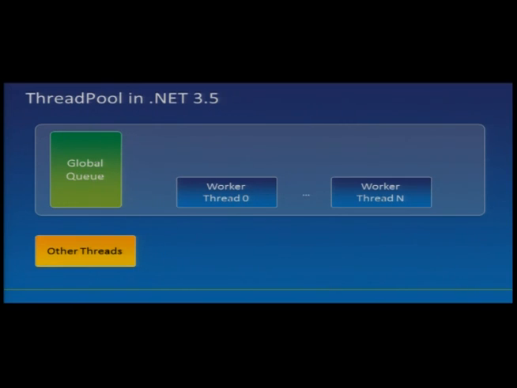In .NET 3.5, if a thread created a work item, for example, if you schedule a task, that work item would go on the global queue. And then different worker threads would pull the global queue, and they would pull these work items in FIFO order and start processing them.